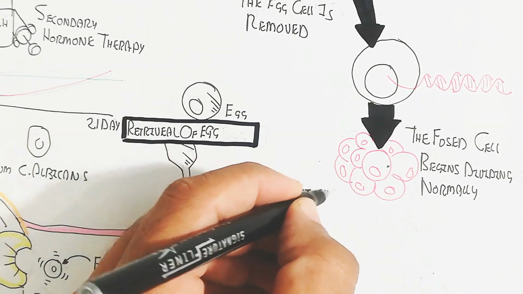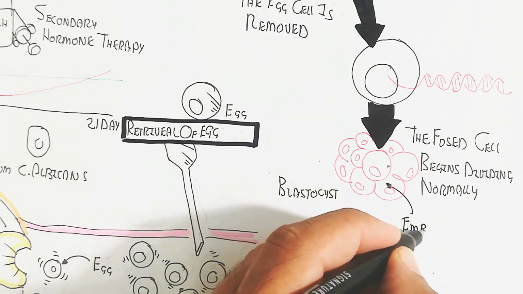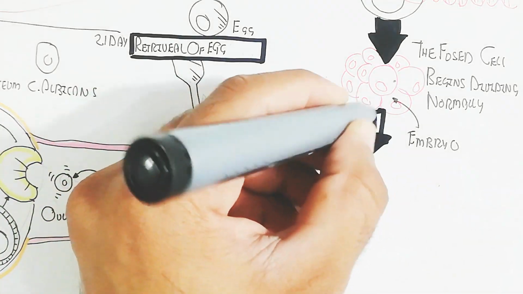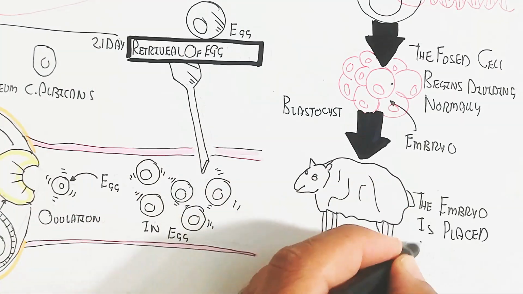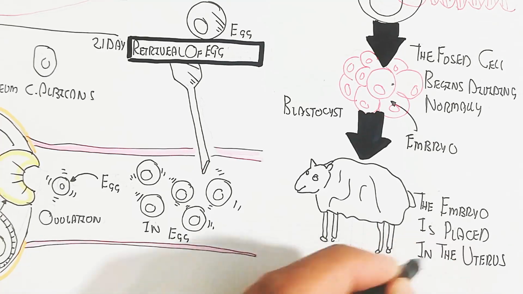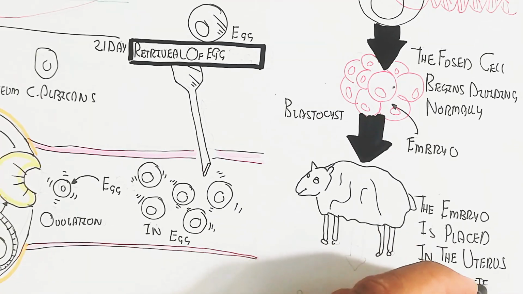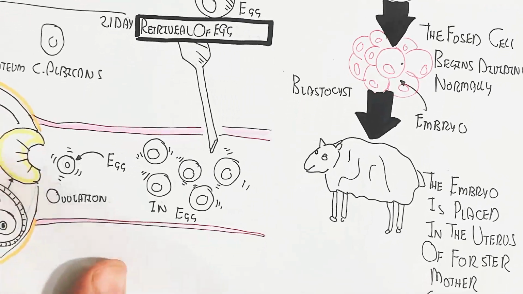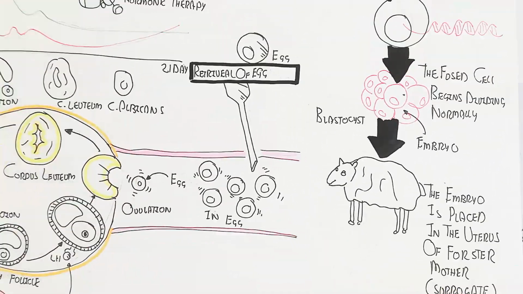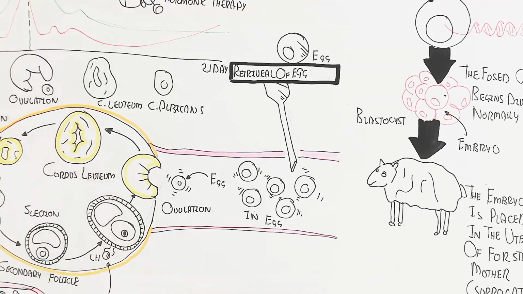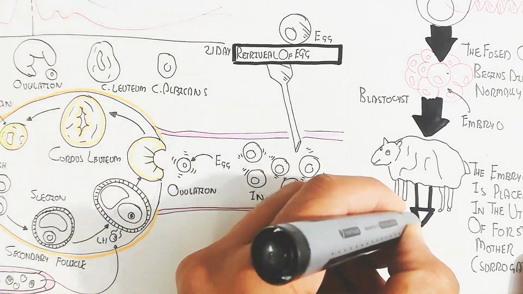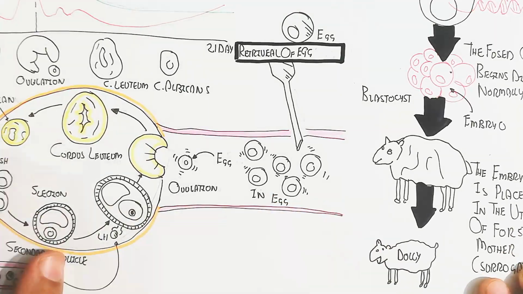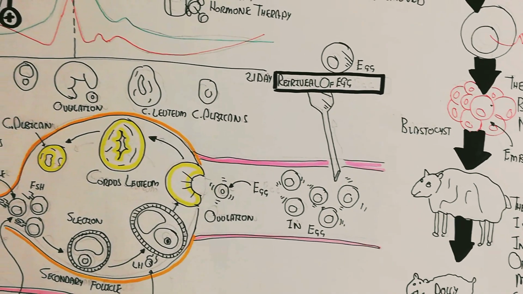This is like in vitro fertilization, but it is in vitro development to form a blastocyst that will be implanted. The embryo is placed in the uterus of a foster or surrogate mother, which develops the Dolly sheep, and Dolly is the same as the donor. So it is a complete copy of the individual organism.